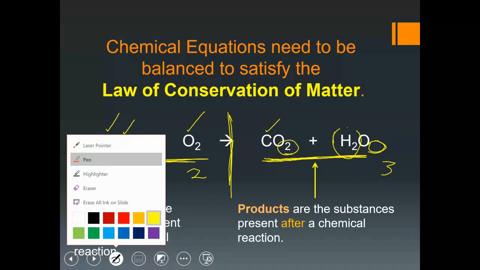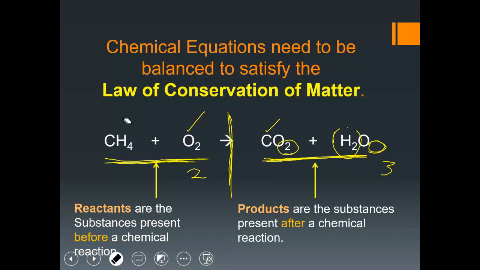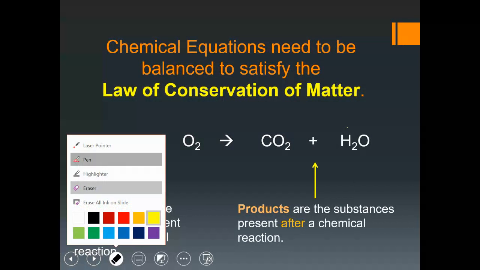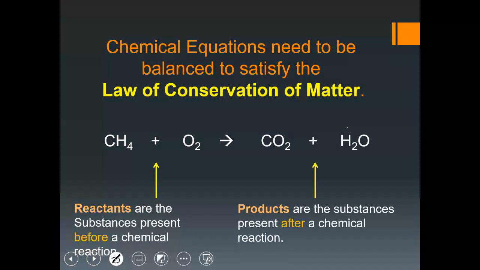So we have a lot of things here that are not balanced, which means that right now, the way it stands, the law of conservation of matter would not be satisfied because we don't have the same thing before and after the reaction. You always get different substances after the chemical reaction. Remember, a chemical change is where a new substance is made.